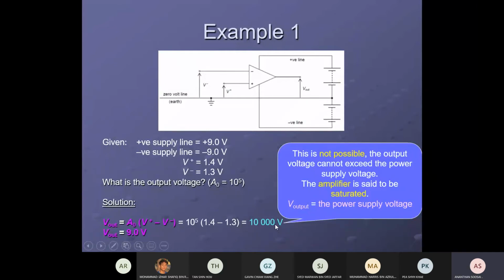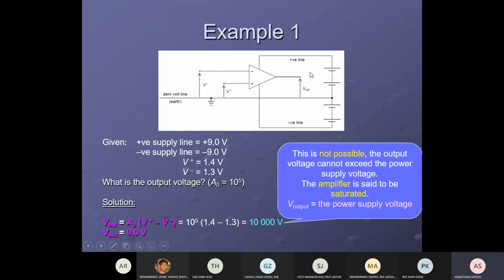10,000 volt is very big. The op-amp is just instructing to give out 10,000 volt. But who is going to give the 10,000 volt? The power supply. The power supply follows the instruction of the op-amp. The op-amp is like the manager. The manager tells the bank to let the customer withdraw 10 million ringgit.